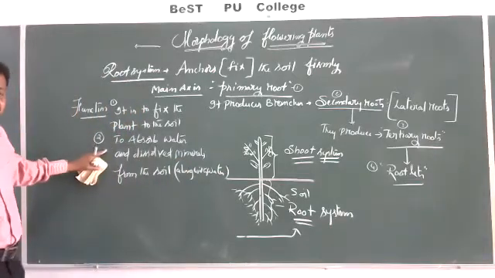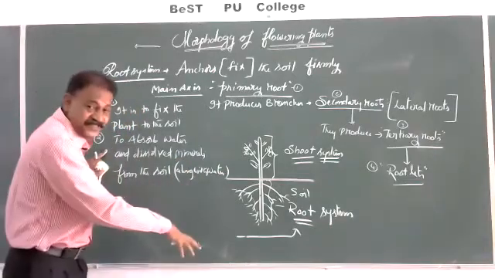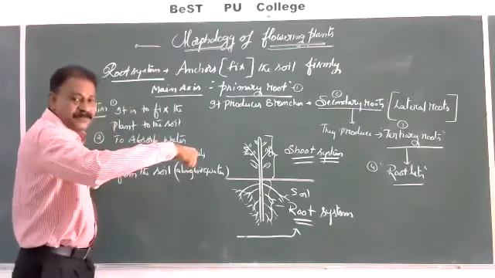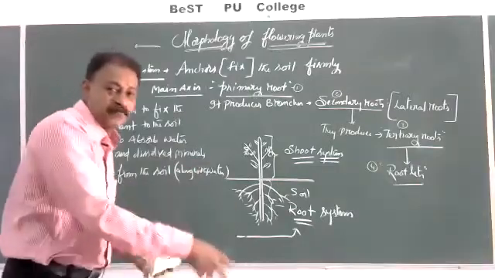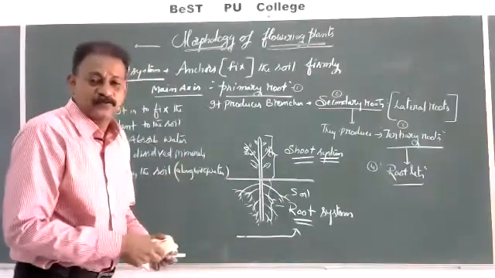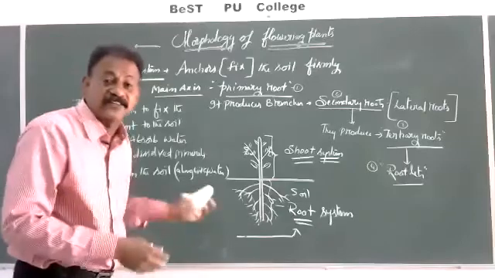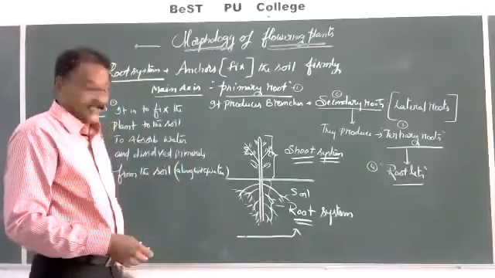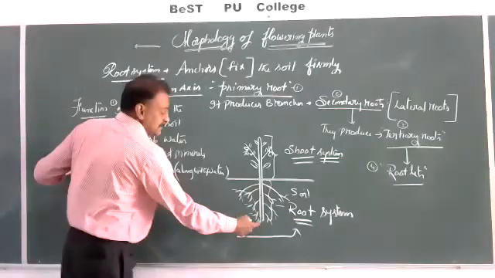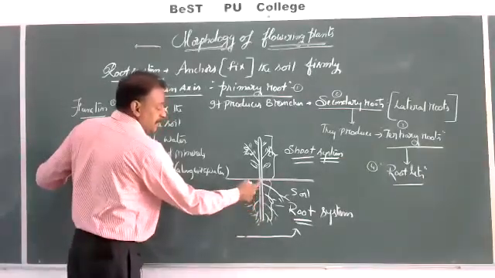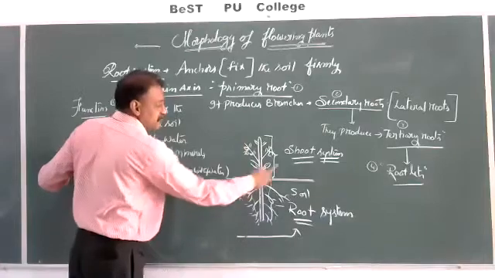So, the function of a root system is to absorb the water. When it is absorbing the water, along with the water, it is able to take the nutrients, which are called mineral nutrients, which are essential for the growth of the plant. And successfully, it will send this from here above the soil, that is called the shoot system.